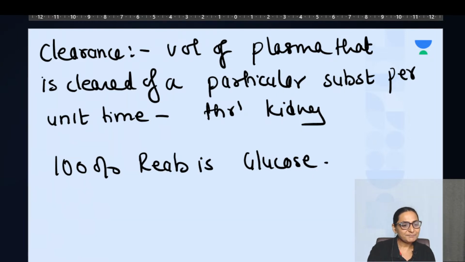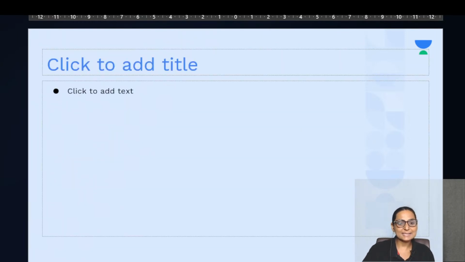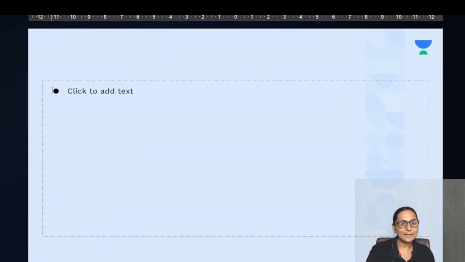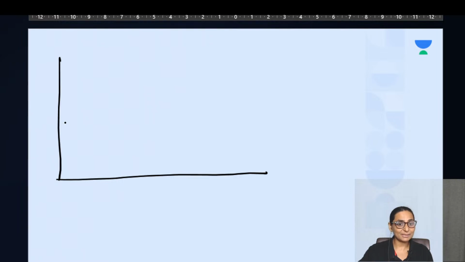Now, if I give you the same question as a graph. This graph was the NEET PG question last time. Last time मतलब अभी जो हुआ है.